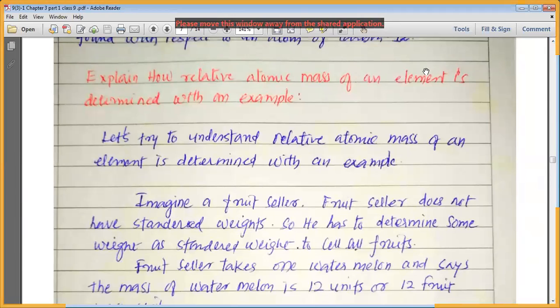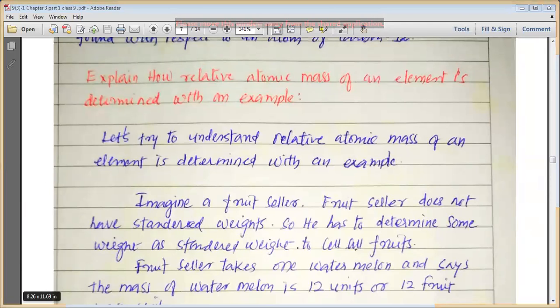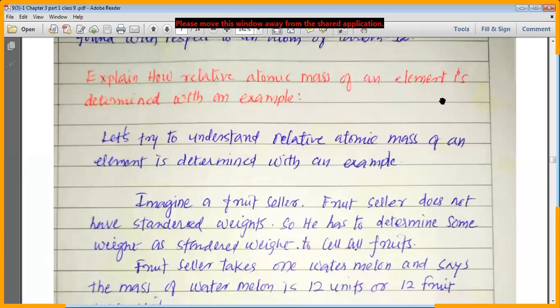Yesterday we revised a very important topic, my dear students. That was the topic about understanding how we can understand the atomic mass unit.